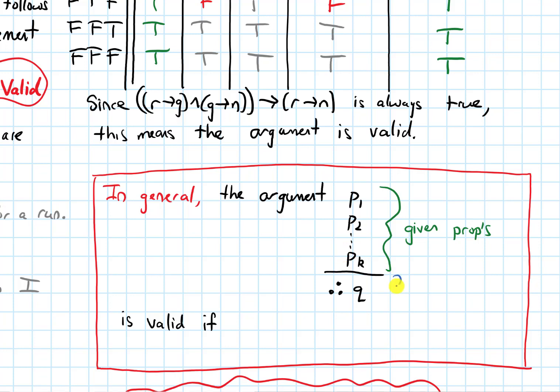And then we have some concluding proposition, which I'm calling Q. This argument is valid if we form the proposition P1 and P2 and so on up until Pk, and that implies Q is always true.